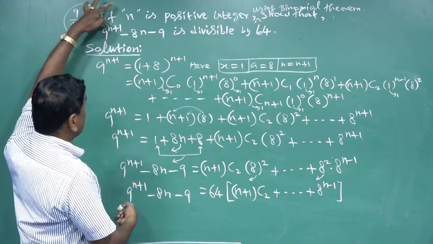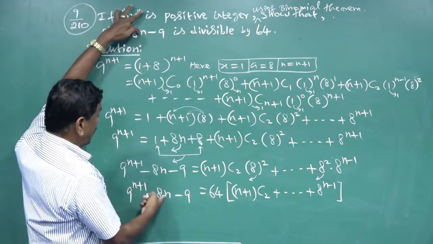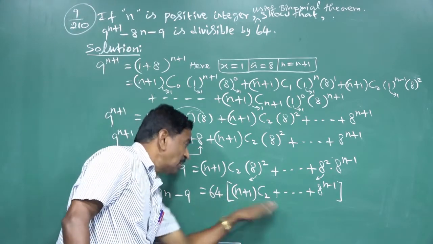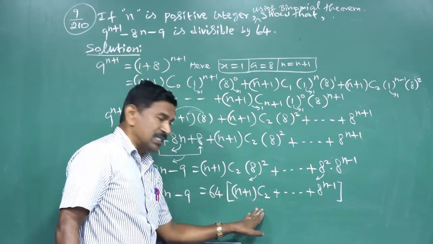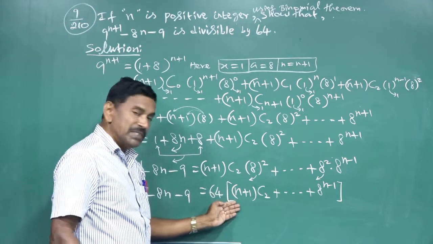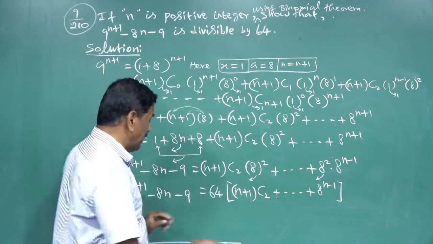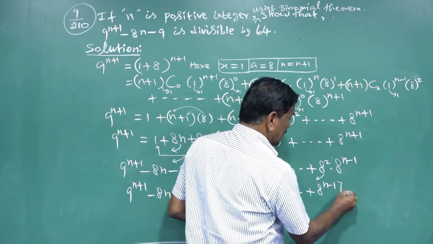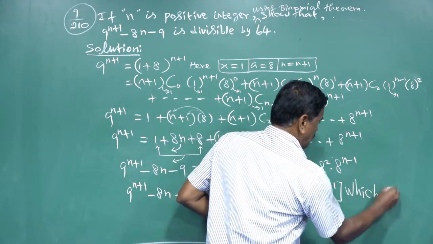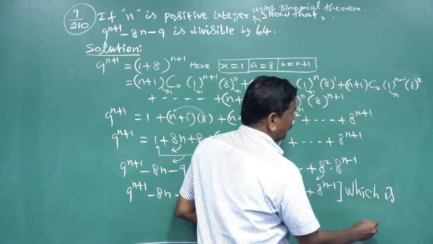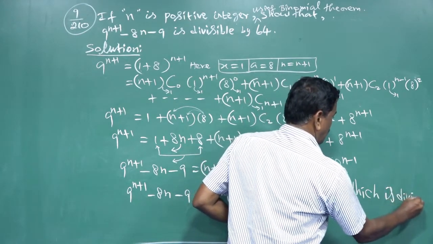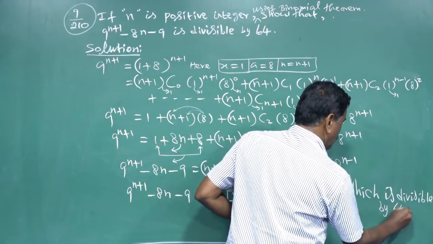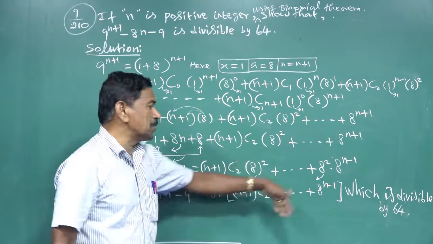Now listen, given the question, 9 power n plus 1 minus 8n minus 9 is a multiple of 64. So therefore, this portion is divisible by 64.